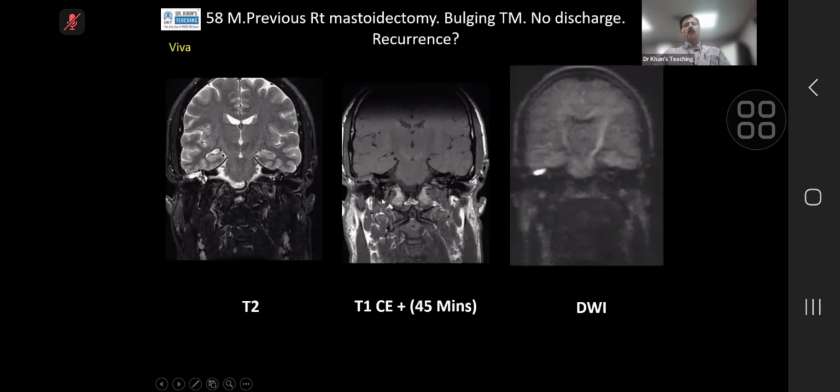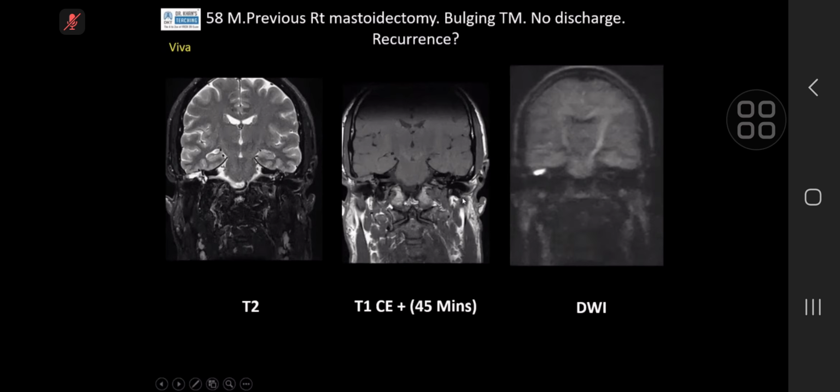So the protocol was that you give contrast, and because there is not enough vascularity there, you do a delayed post-contrast 45-minute scan. In conclusion, an MR with this protocol can differentiate between fluid versus recurrent cholesteatoma versus granulation tissue.